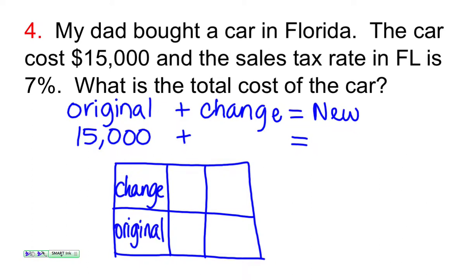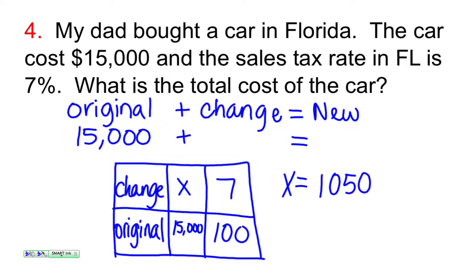We know the original price of the car is $15,000. We don't know the tax. We do know the percent is 7%, so 7 over 100. Now pause the video and solve for x. You get 1,050 for x.